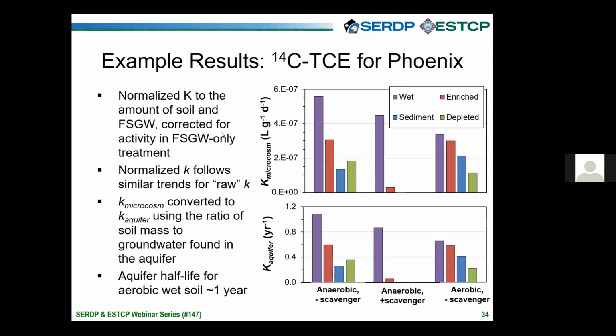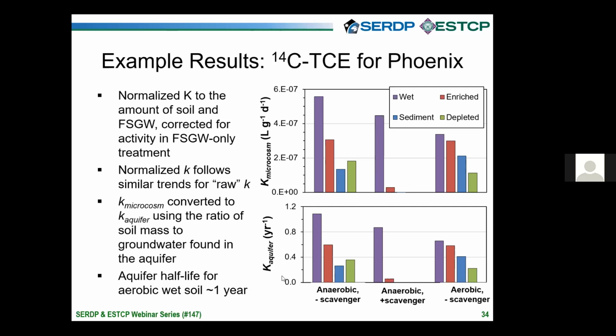The filter sterilized groundwater corrects for the activity in just the water. And so basically these normalized values follow the same trends that we saw in the previous slide for the raw K values. Now, once you have a first order rate constant from the microcosms, that can be converted into a first order rate constant for the aquifer using the ratio of soil mass to groundwater that's found in the aquifer.